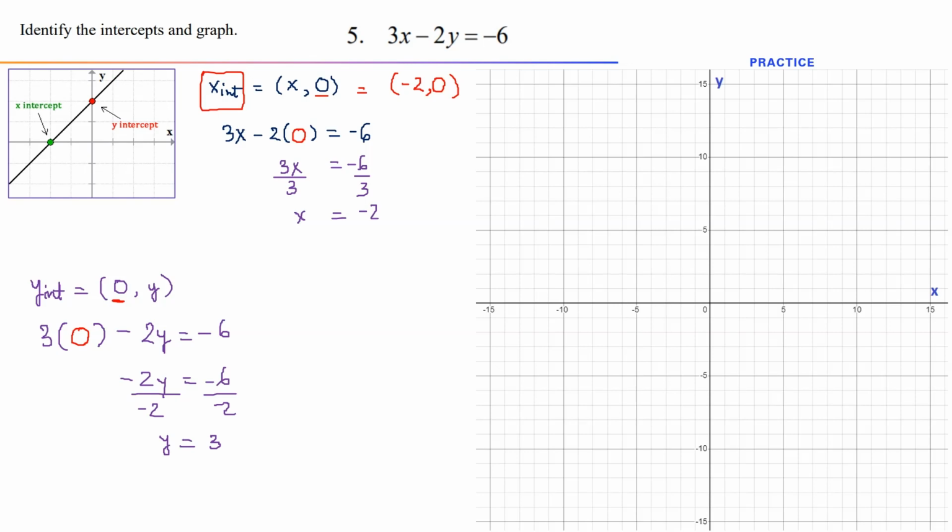When y equals 3, we write the point (0, 3). So we have 2 points. We can find them on the graph. So negative 2, 0. Then we have 0, 3. And then we connect them. So that is the graph using the intercepts.